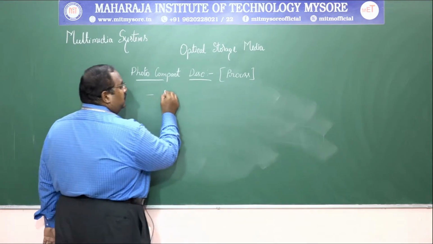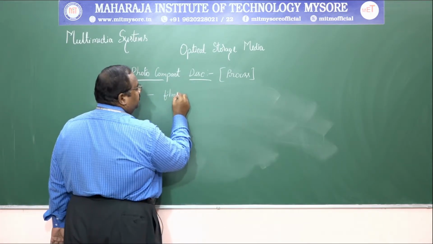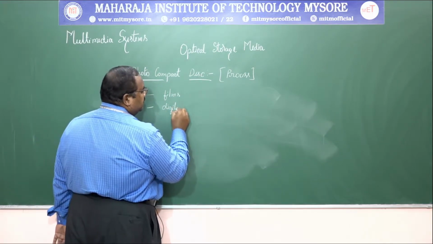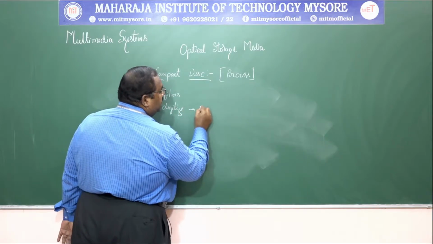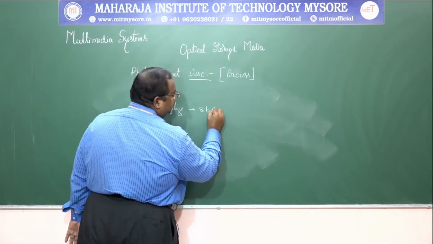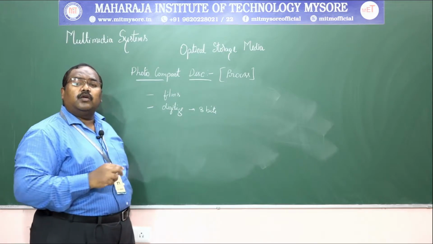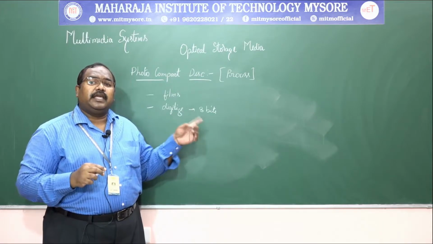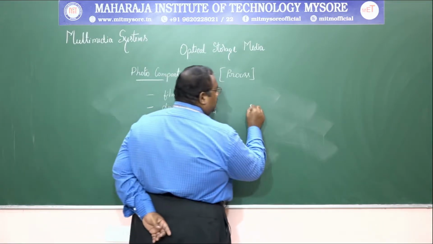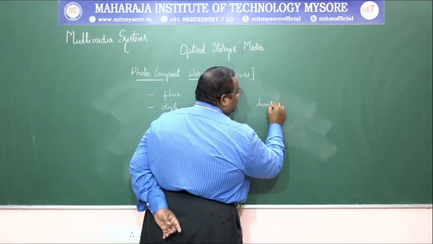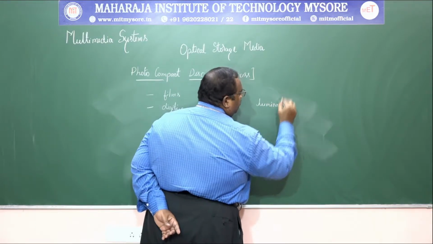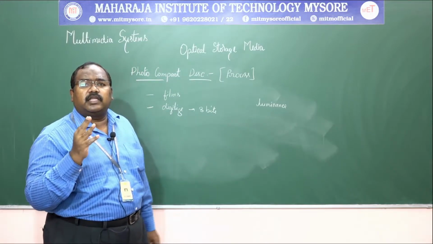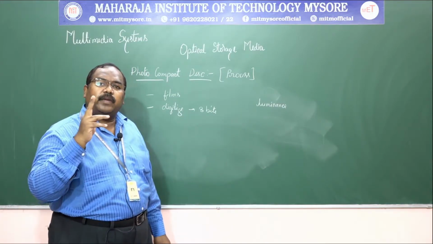Means first, photos need to be captured on the films. Second, they need to be digitized using 8 bits of resolution. What is the importance of 8 bits? Here they supported 8 bits for luminance. In the previous session we discussed that when you talk about images and the coding of images, two main components come up.